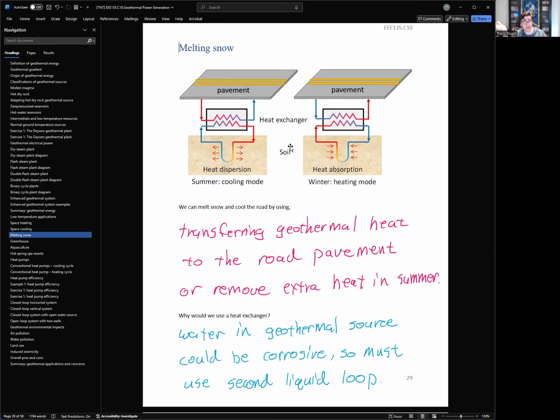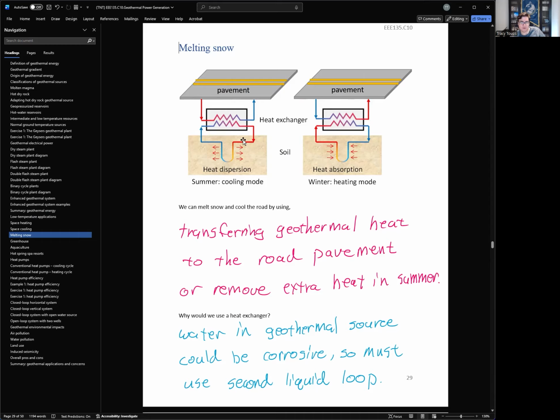Whatever is outside, it'll try to absorb heat or give off heat to keep that temperature as steady as possible. So we could use this as a way to level off any crazy temperature variations during the day or week. Okay, so in summer it cools down the road. In the winter it melts the snow. I mean, it sounds good both ways, right?